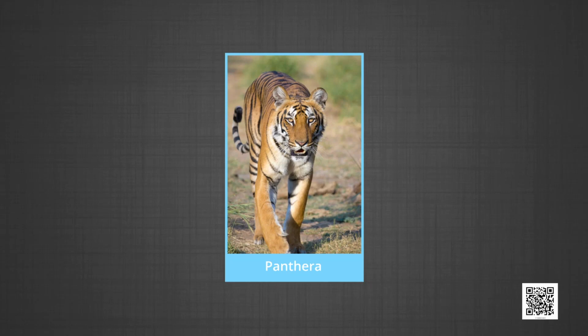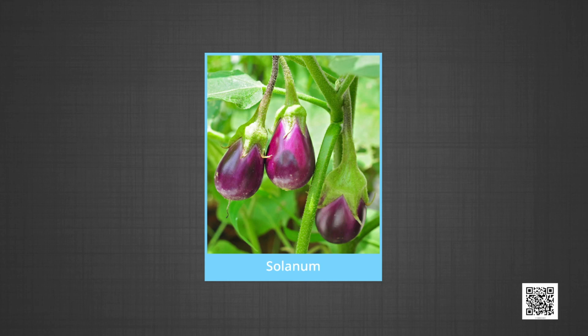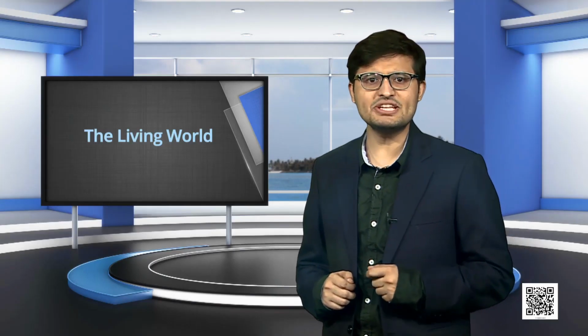Each genus may have one or more than one specific epithet representing different organisms, but having morphological similarities. For example, Panthera has another specific epithet called tigris, and Solanum includes species like nigrum and melongena. Human beings belong to the species sapiens, which is grouped in the genus Homo. The scientific name of human beings is thus written as Homo sapiens.